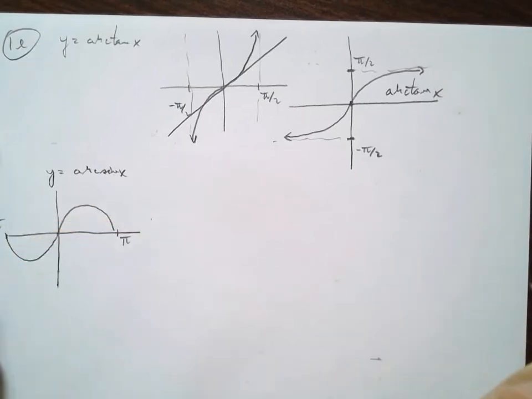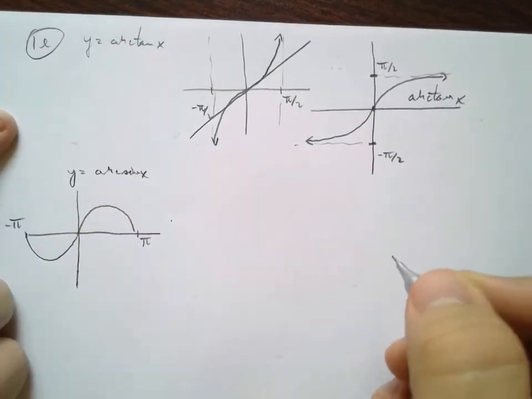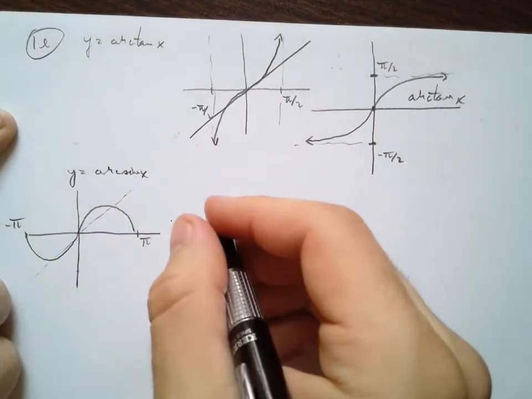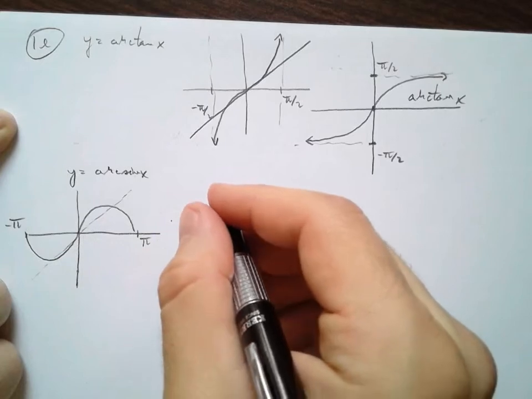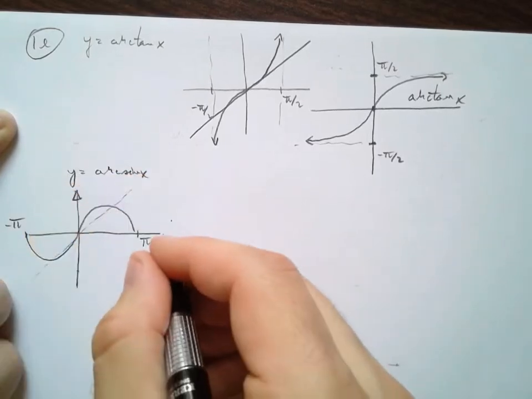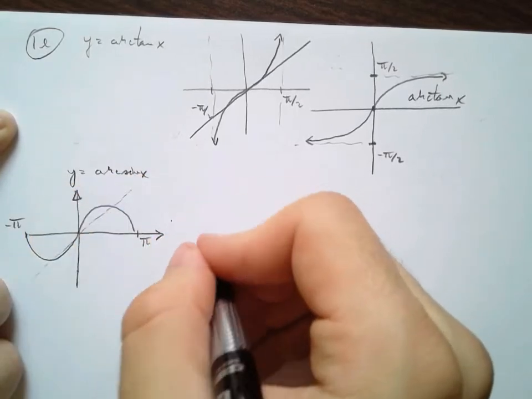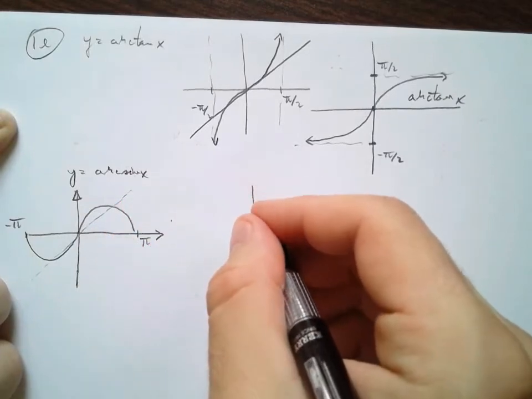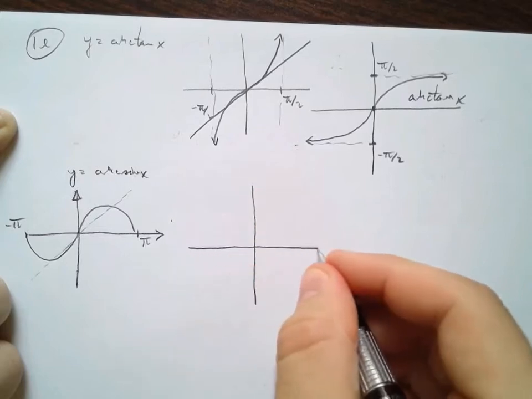Okay, so that's what the sine of x graph looks like between negative pi and pi, and I'm going to try to reflect that about the y-axis. Not about y equals x, the 45-degree line. So what I obtain is the following picture.